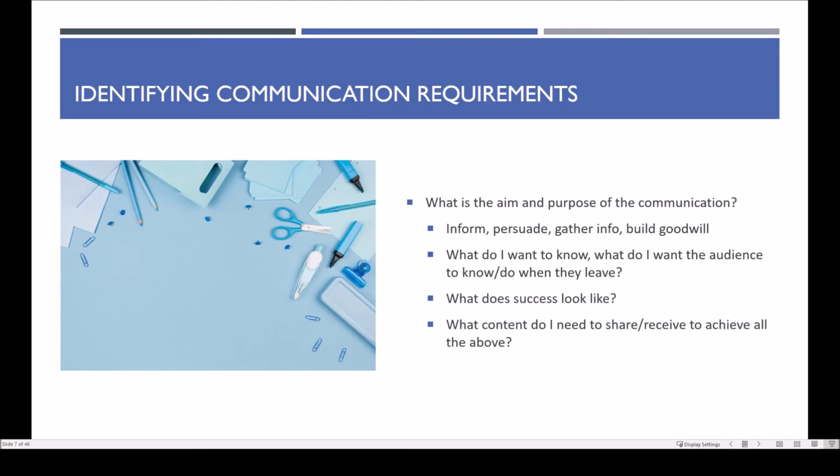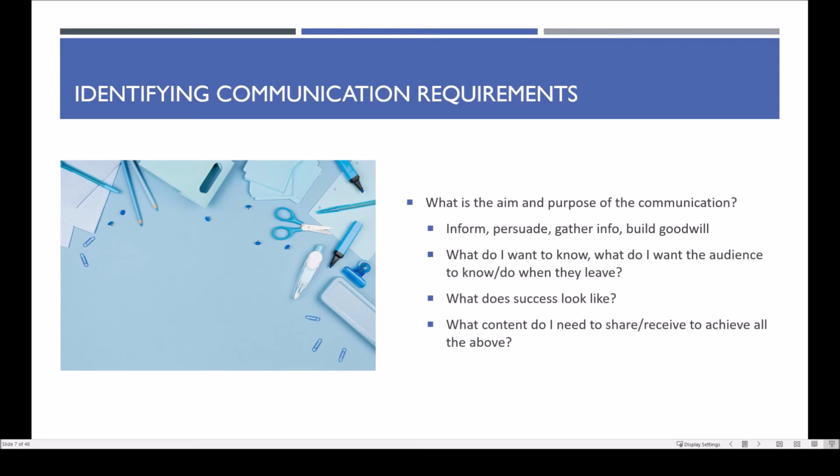What if we were to finish this communication and I was to walk away really happy, what would that mean? What would that look like? What are the indicators or markers, or what are the things that would have been achieved? And then through all that, to start thinking about what's the content that I need to share and so forth.